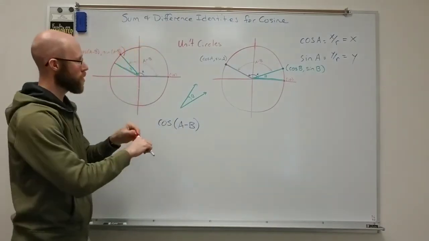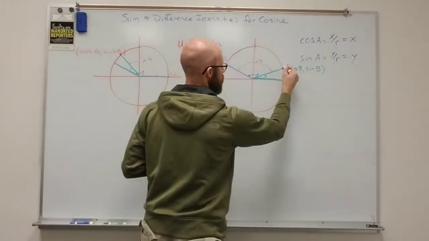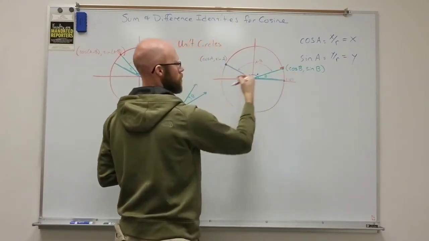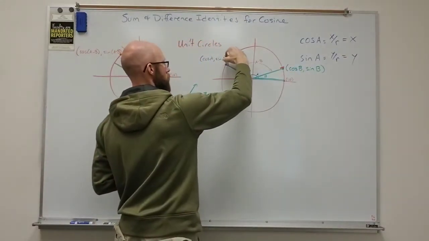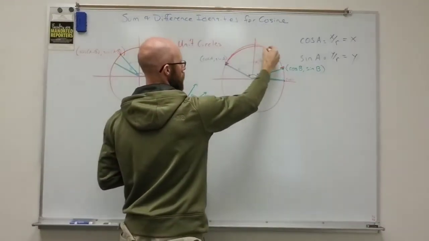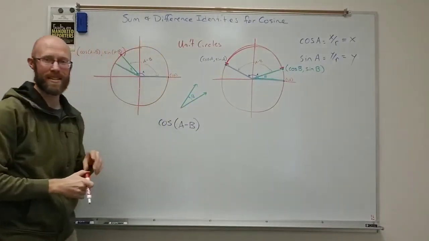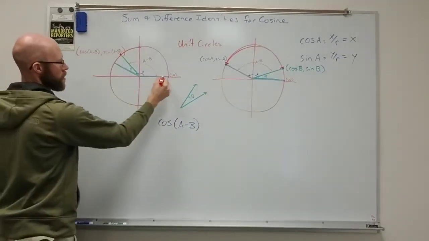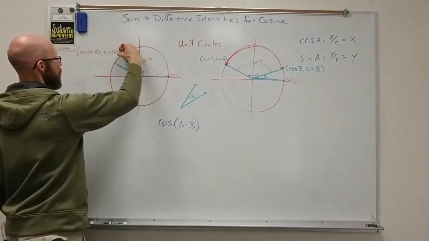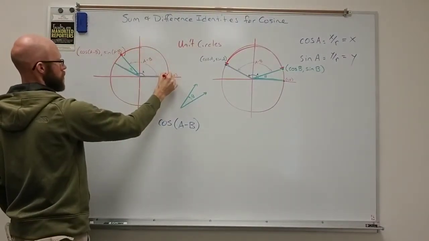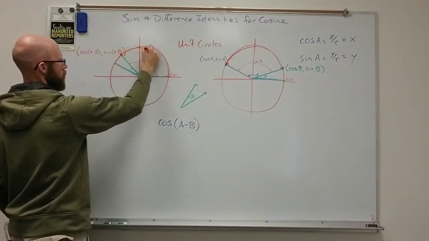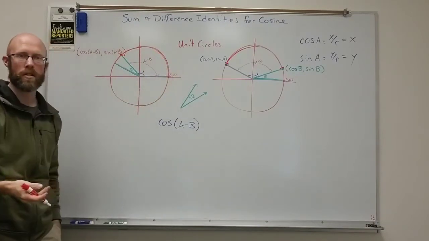So this arc length from the point cos B, sine B to cos A, sine A is exactly the same as the arc length from 1, 0 to cos A minus B, sine A minus B. Those two arc lengths are the same.